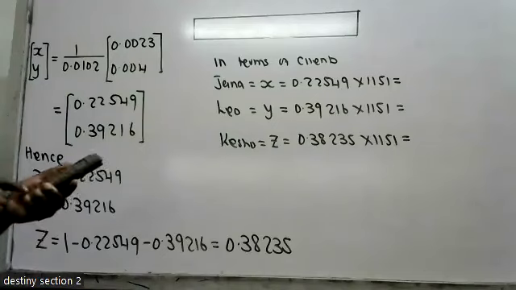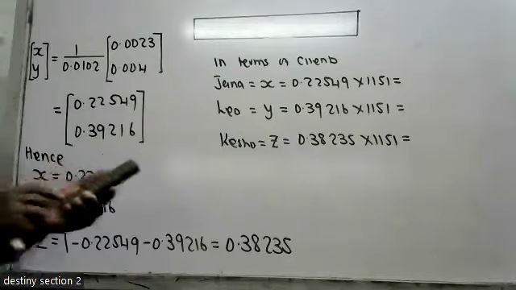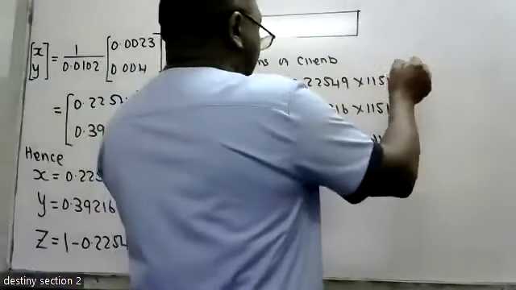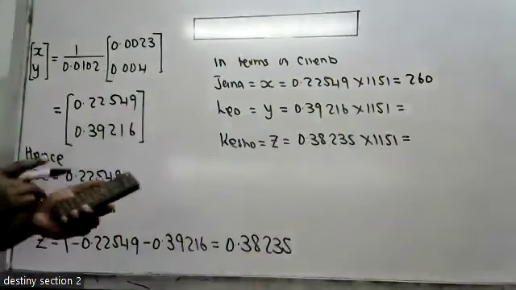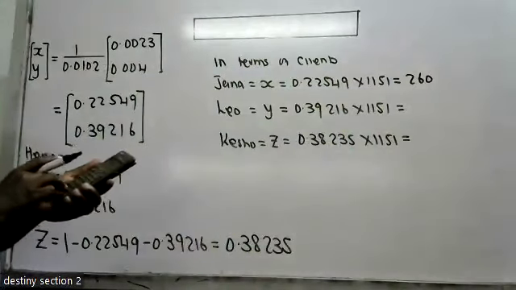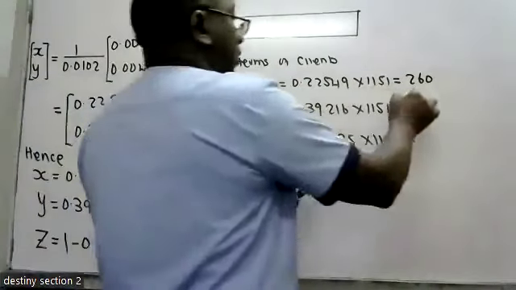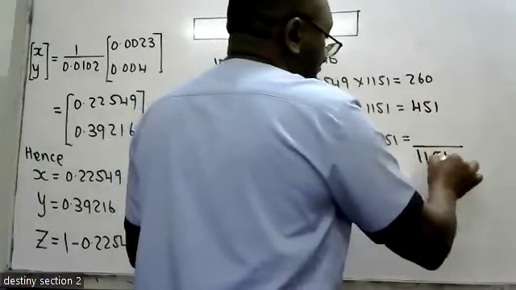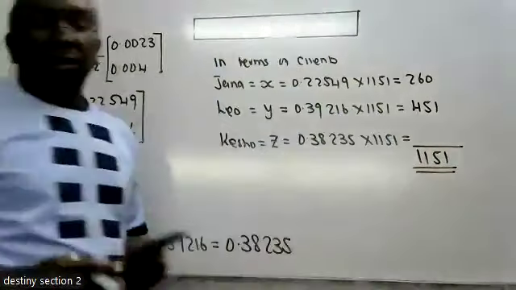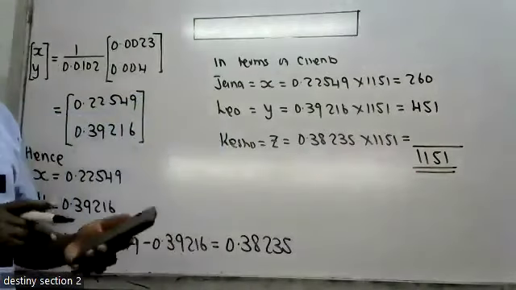So if I take 0.22549 times 1151, if we round, because these are clients, that would be 260. Then 0.39216 times 1151, this is 451. Now the last one, what we shall do, you subtract these two from this because they must go back to 1151.